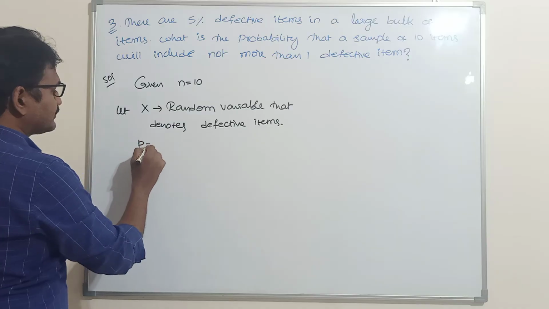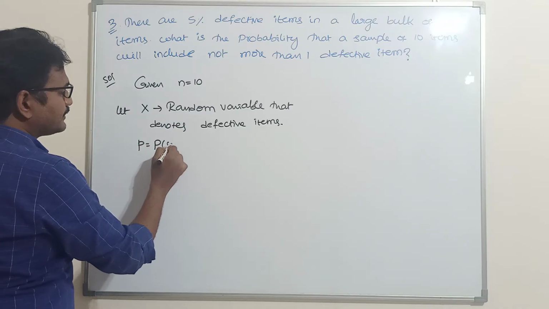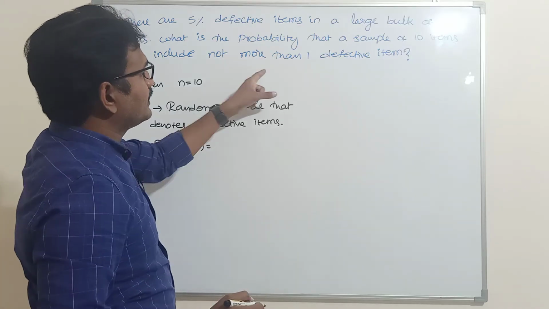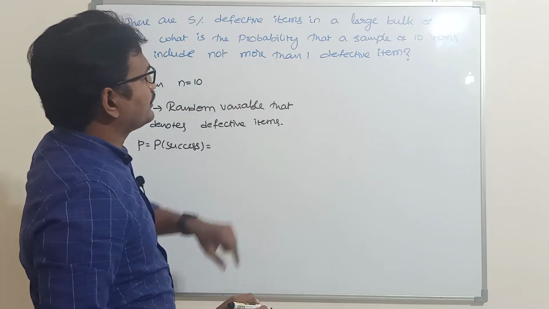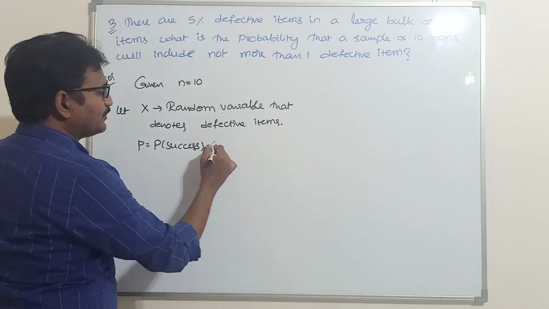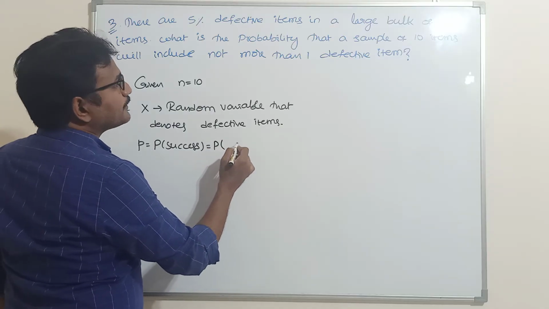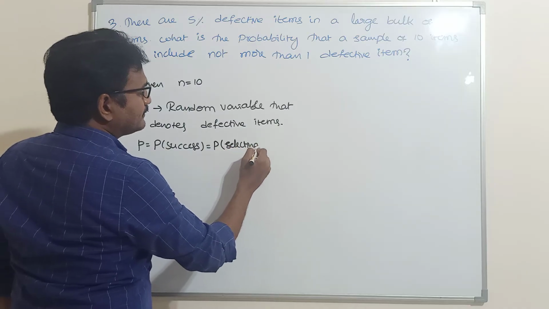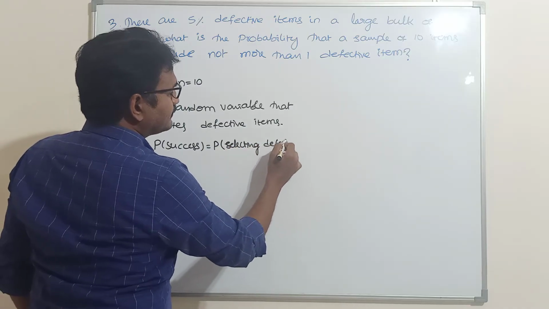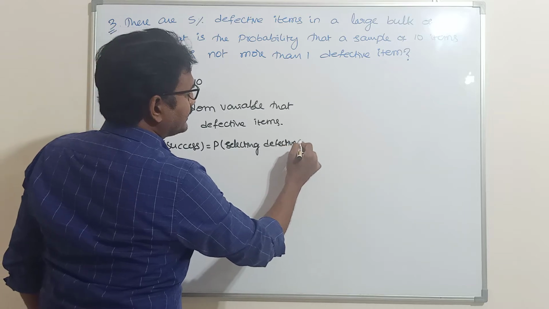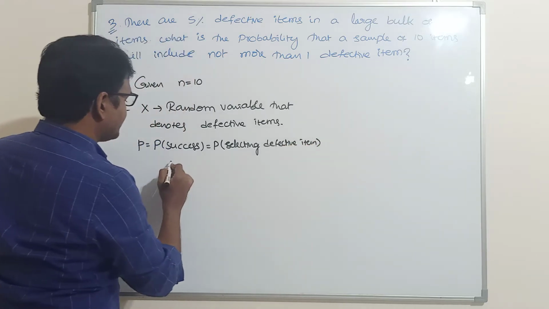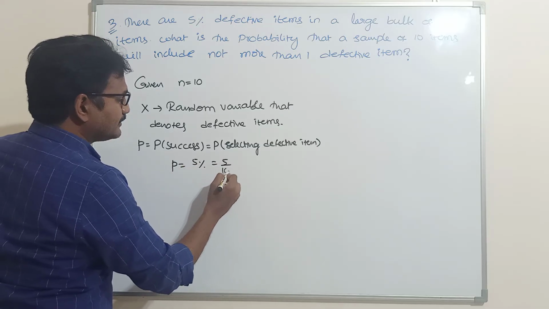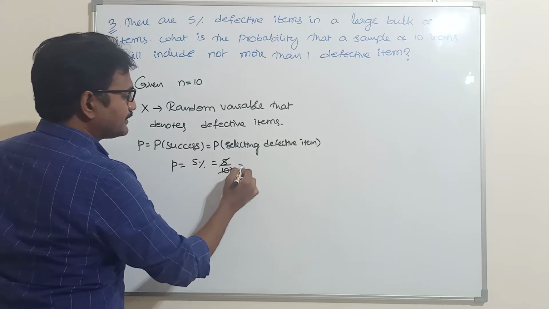So p, the probability of success, is the probability of selecting a defective item. So how much percentage is there? 5%. So p is equal to 5%, that means 5 by 100, which is 1 by 20.